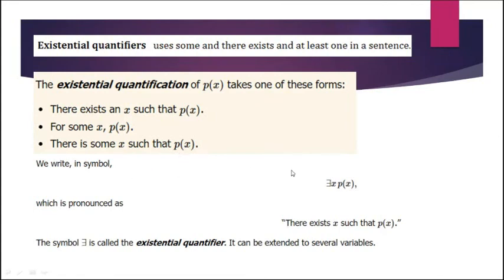We write in symbol inverted E, x, P of x, which is pronounced as there exists x such that P is a function of x. The symbol E is called the existential quantifier. It can be extended to several variables.